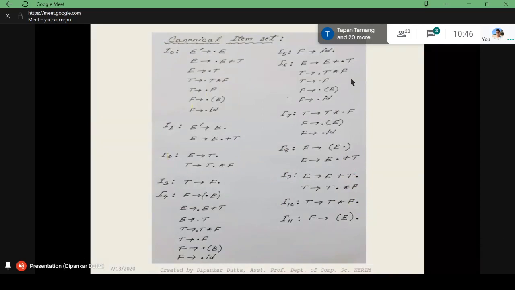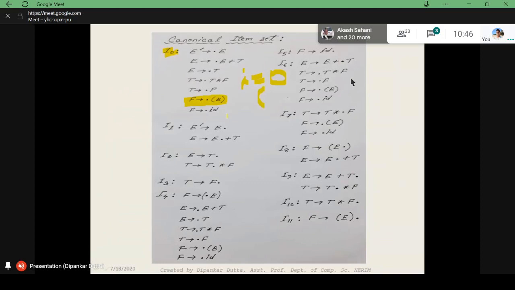Suppose in this production, F implies dot left bracket E right bracket, it is available in I0. That is, small i is equal to 0, and the input symbol is left parenthesis.